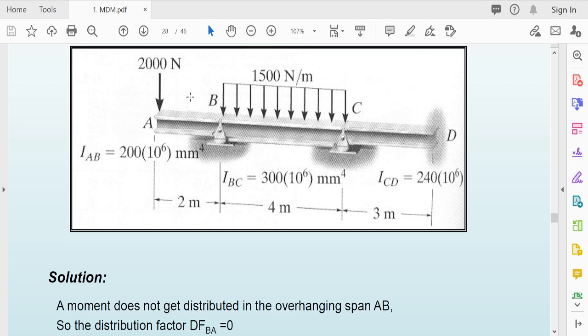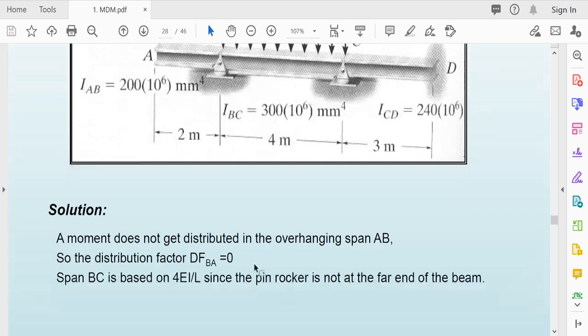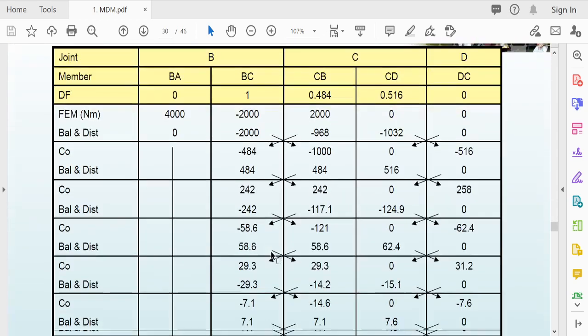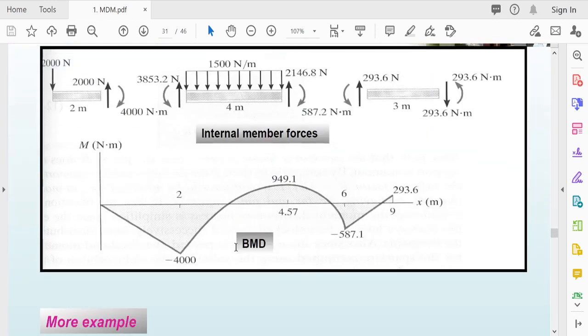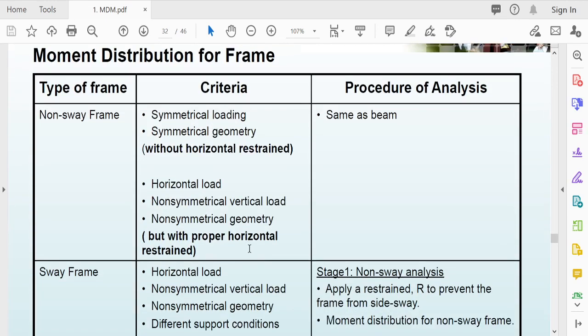Number 1, when the end is fixed. Number 2, when the end is roller or pin. Number 3, when the end is cantilever. Because the K, the distribution factor and the carryover factor will be different. This is the diagram for the end cantilever.